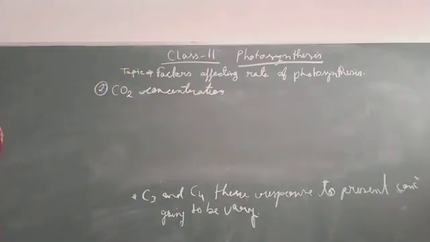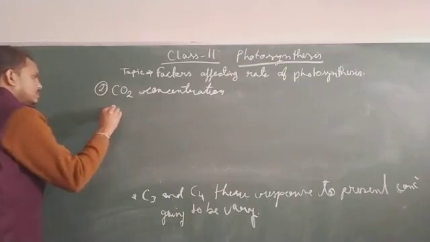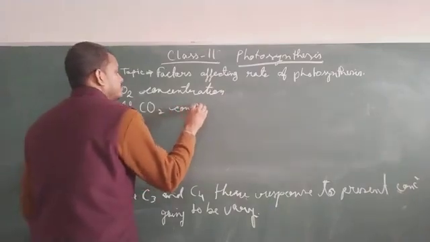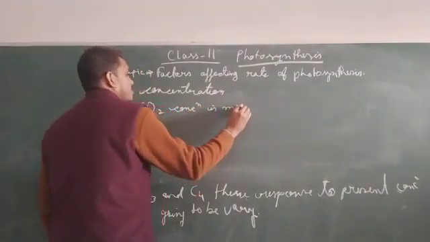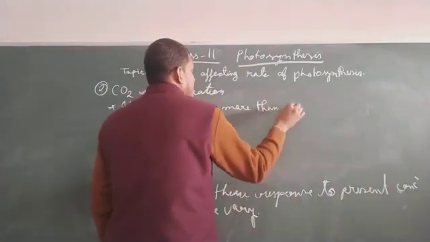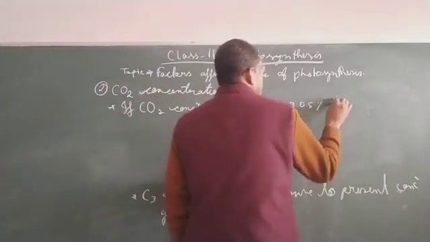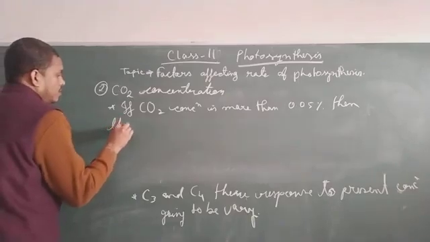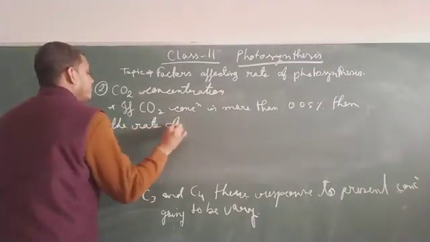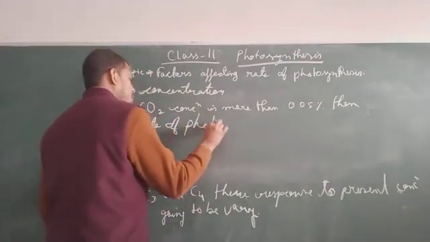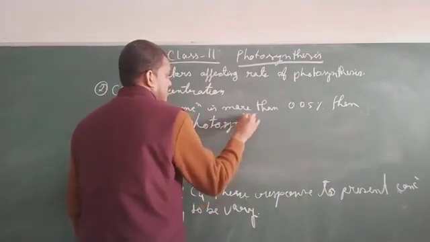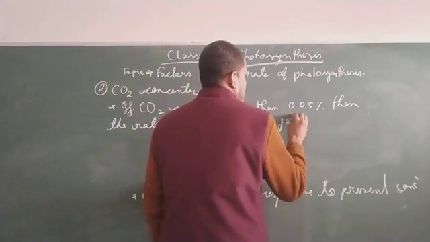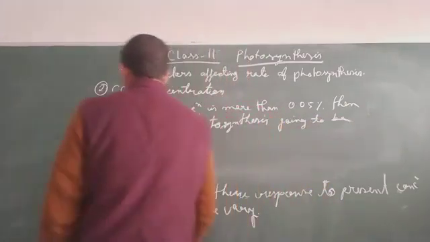what I am saying is, if carbon dioxide concentration is more than 0.05%, then the rate of photosynthesis is going to be increased.